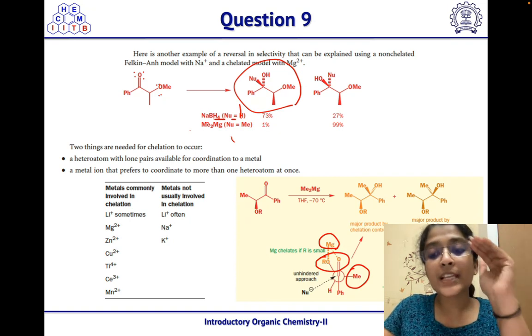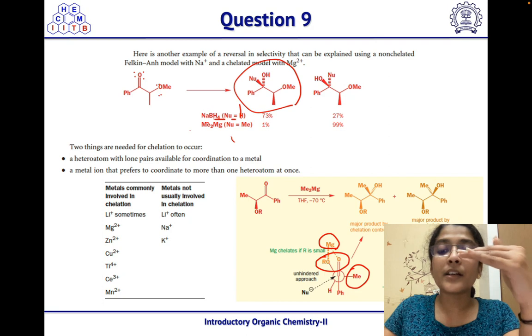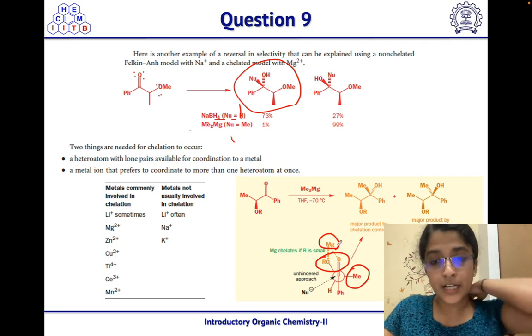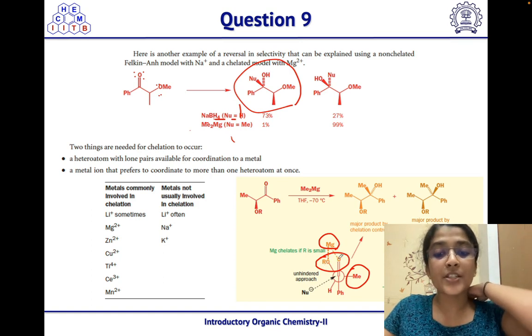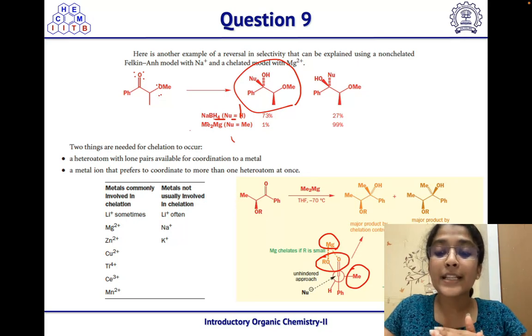According to Felkin model or Cram model, we should write this electronegative group, or this atom containing lone pair of electrons, perpendicular to the carbonyl group. But in this case, because zinc has a 2 plus charge, it can coordinate with these two heteroatoms, so we cannot write it perpendicular to the carbonyl, and we will not get this expected product.